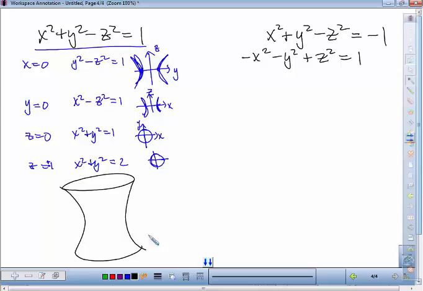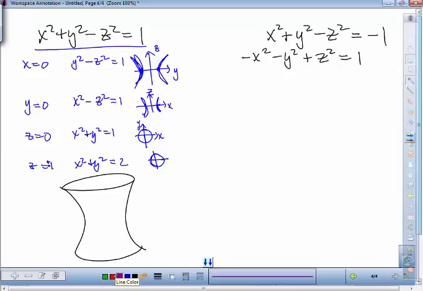Nuclear power plant? That's a cooling tower. A cooling tower. And then for 1, the constant in all this determines the minimum radius that it reaches. Okay.